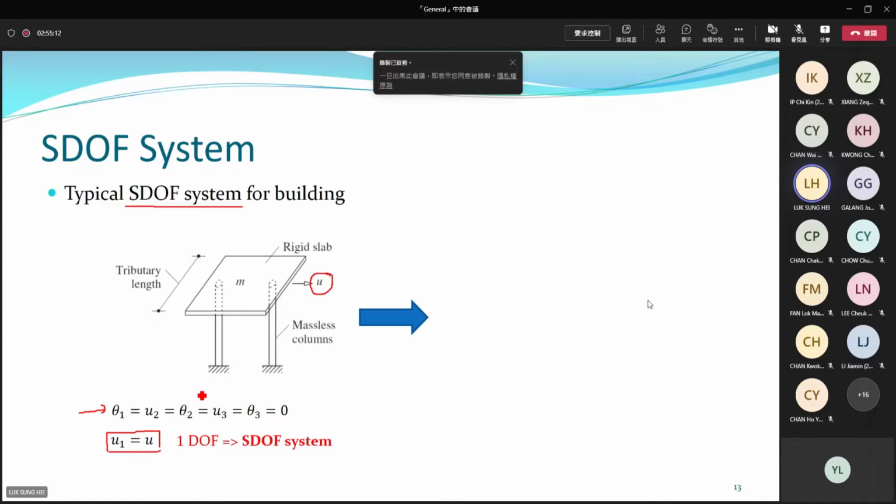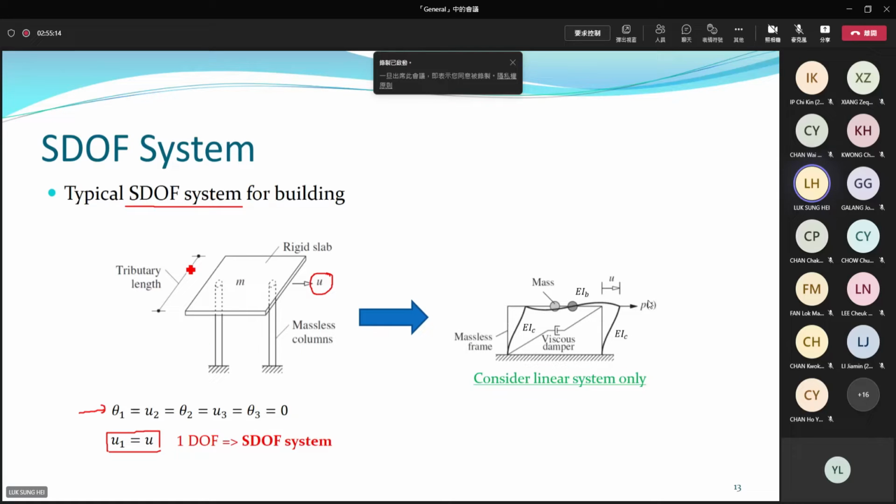Next, you can find the total mass of the slab. If you know the volume and the density, then you can calculate the mass of this slab and put it at the top of the structure.